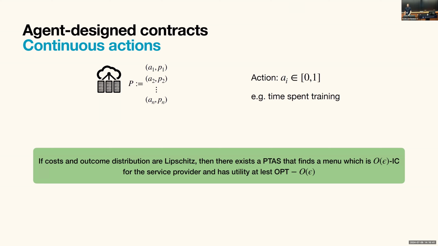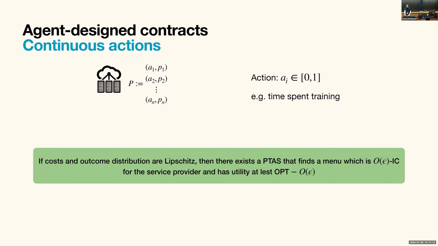Note that the burden of rationality here falls on the service provider and not on the user, because we don't know how the user will perform. So algorithmically we converted epsilon individually rational and incentive compatible constraints of the user with a small amount of linear contracts into epsilon-IC for the service provider, which we think as a model makes more sense.